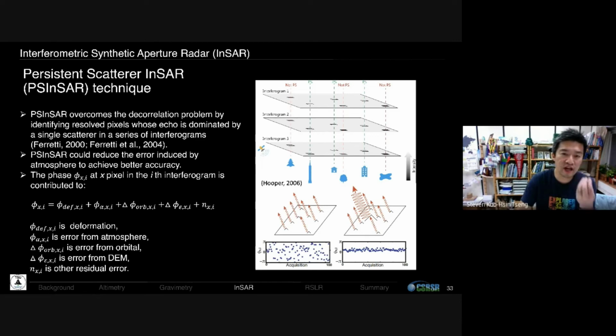So we don't rely on the phase measurement over those objects. We try to just analyze something that has a very rigid, solid structure so that we can measure the very subtle phase change between the satellite and this object. So this is called PS-InSAR.